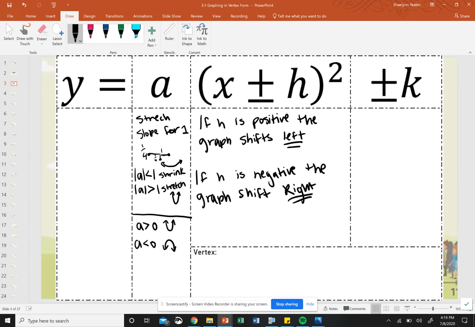Okay? So that means that whatever H is, you're going to take the opposite sign and put it there for your vertex. Okay? And then K, if K is positive, you move up.